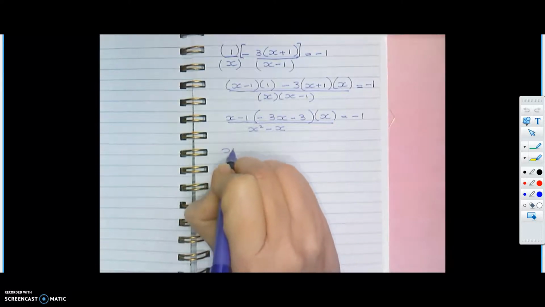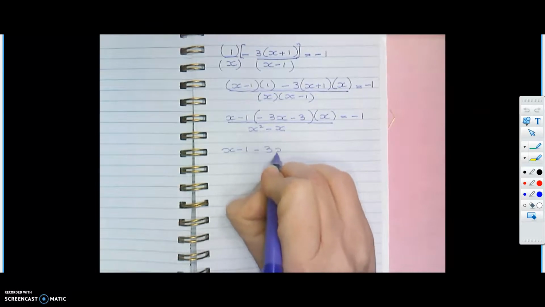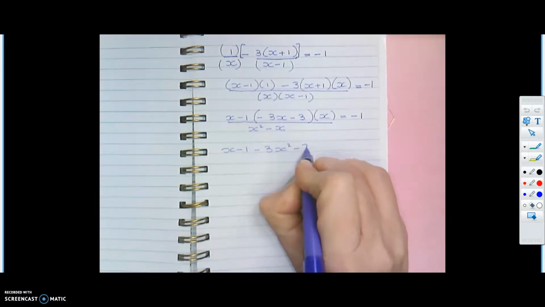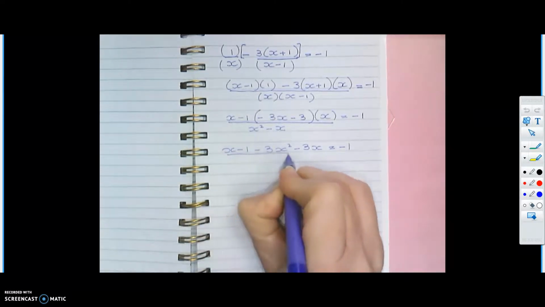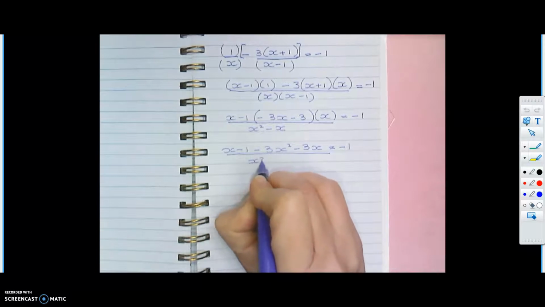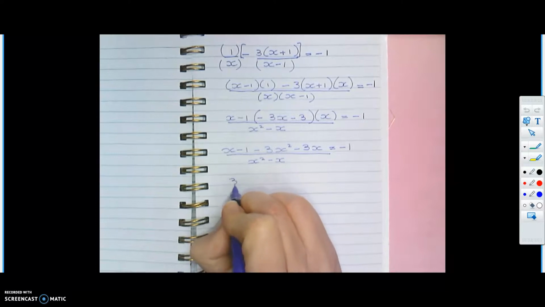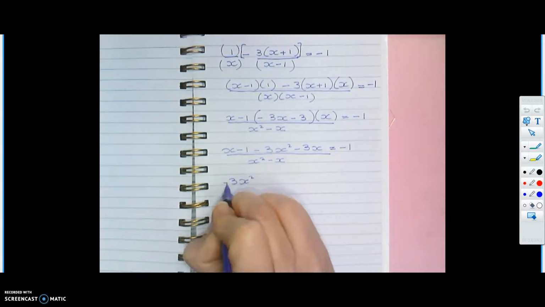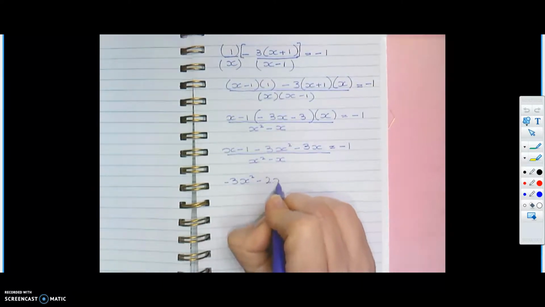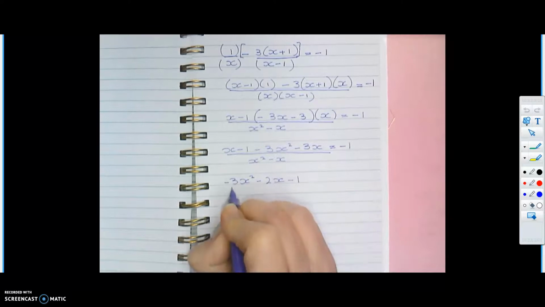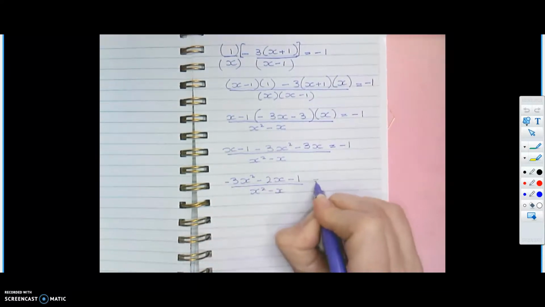So top line again, we have x minus 1, and then we have a minus 3x squared, and then a minus 3x. Tidying it up, so we have minus 3x squared, we have a plus x, a minus 3x, that gives you a minus 2x, and a minus 1 over x squared minus x equals minus 1.